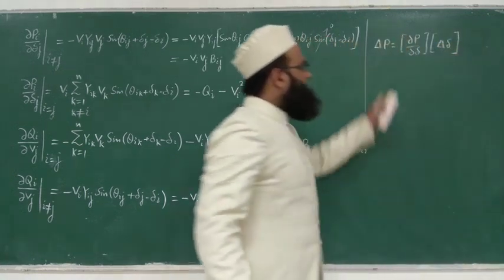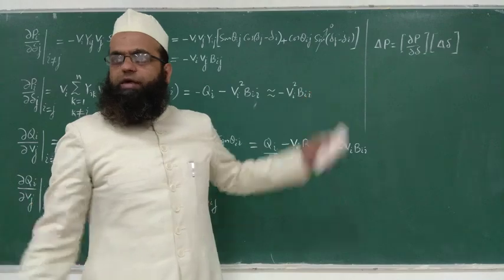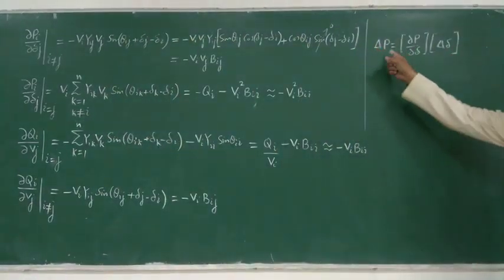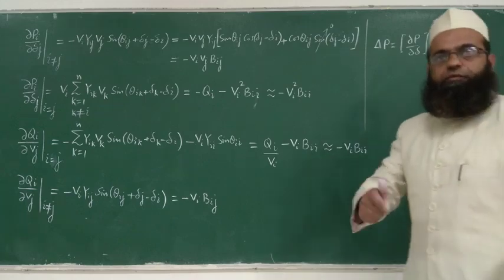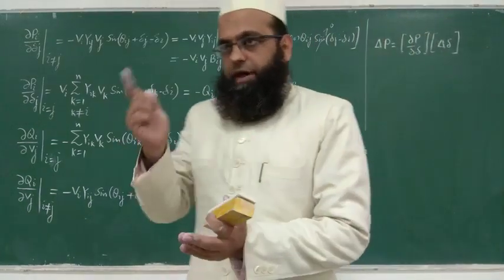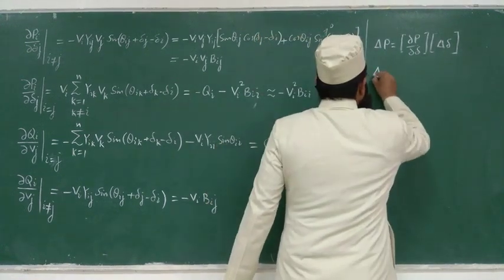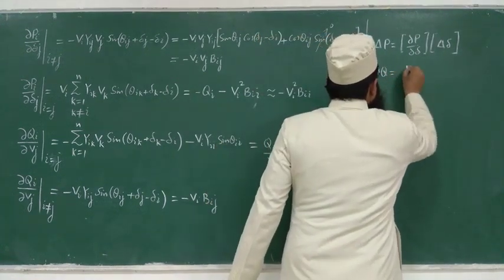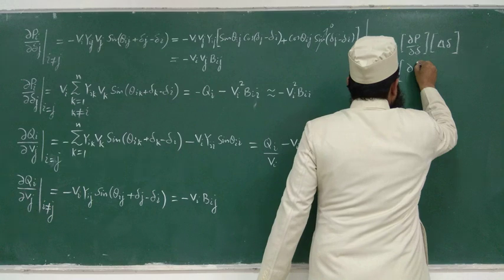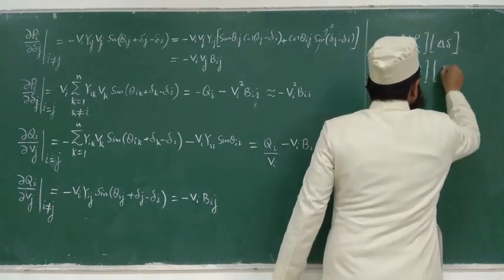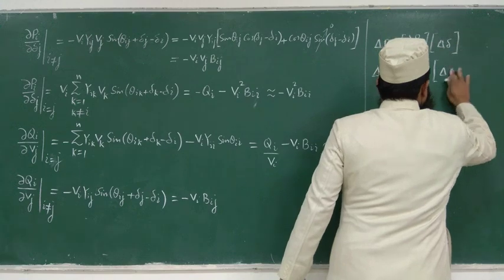This is the power mismatch vector, the difference between specified and calculated. Similarly, the Q power mismatch del Q may be written as del Q upon del V. Yesterday, in the last lecture, we saw this.